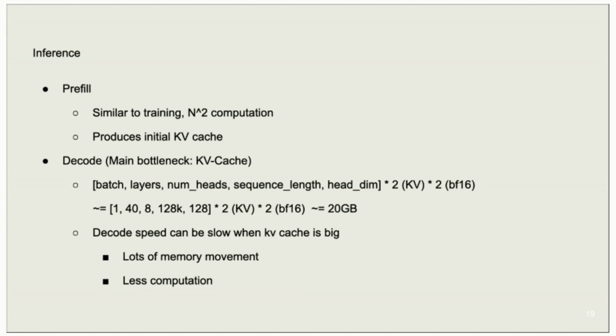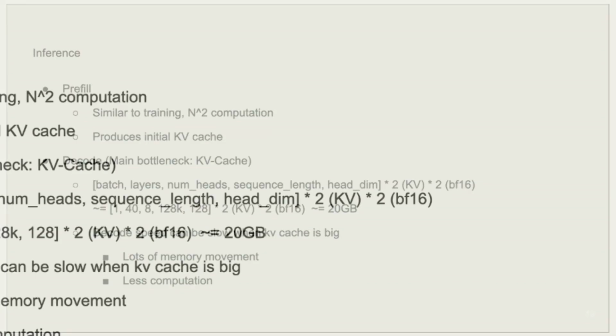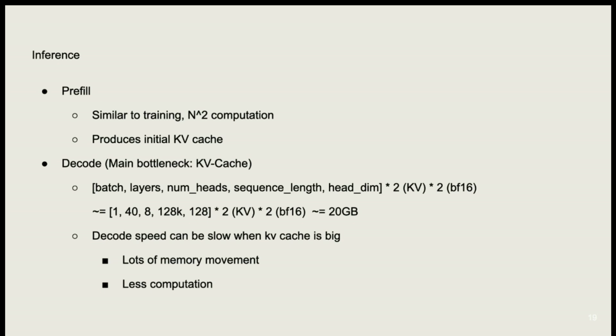And the decode part is the major bottleneck. We have the KV cache. I did some rough calculation with bfloat16, saving both keys and values. With a similar setting to Llama 3 8 billion, we have about 20 gigabytes for a single batch size, on a single device, given a 128K sequence length, and that is pretty huge.